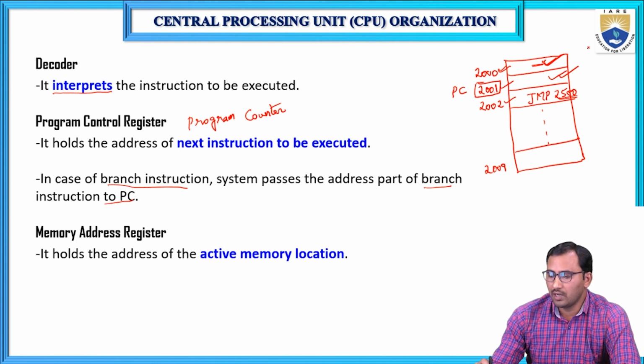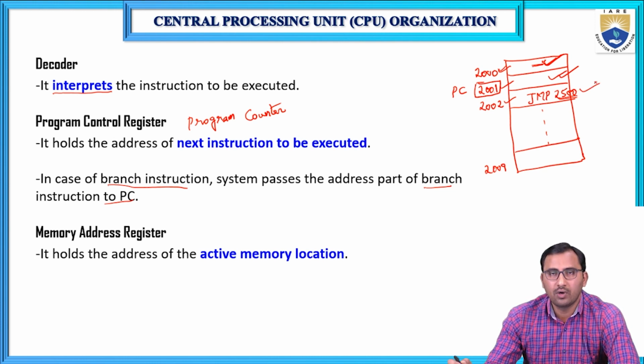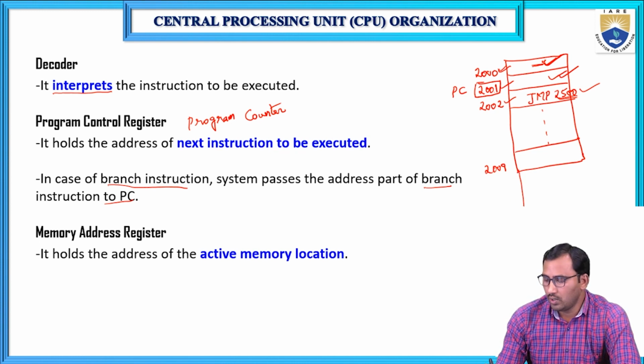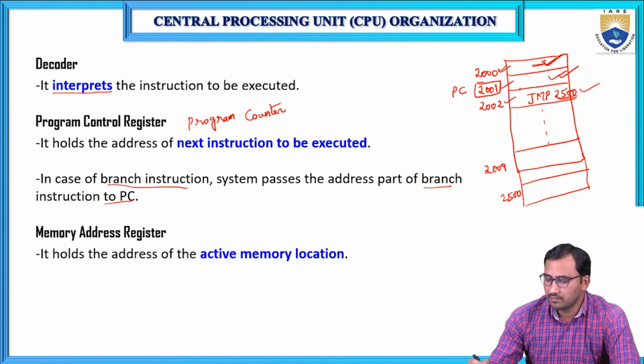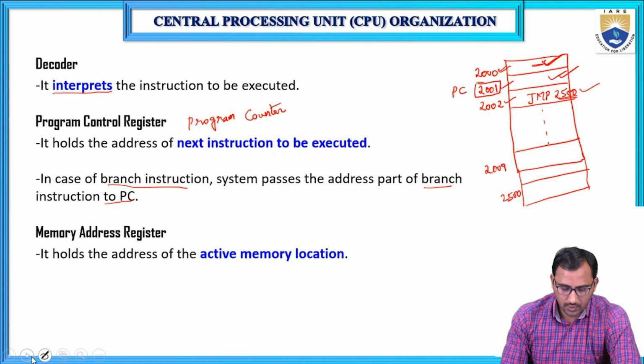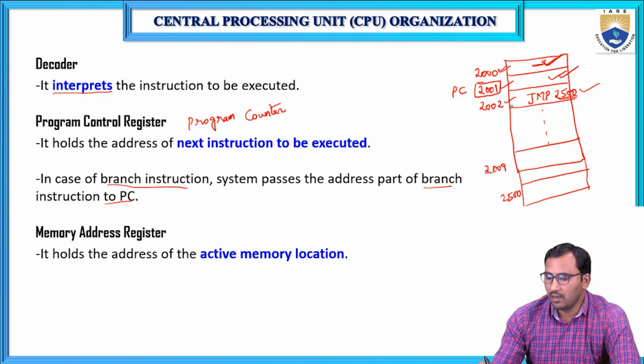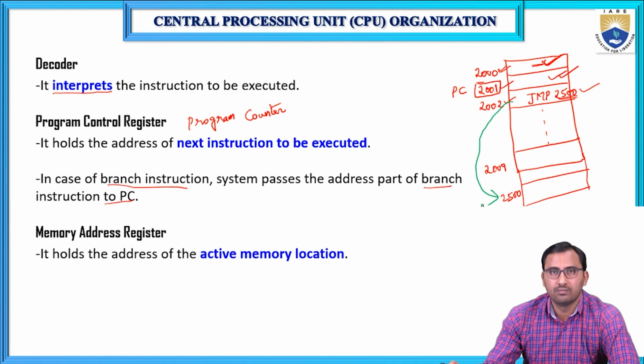So whenever this jump 2500 instruction is executed, the program control will be transferred to a new address, let us assume 2500. So directly from this address, we are transferring to 2500.